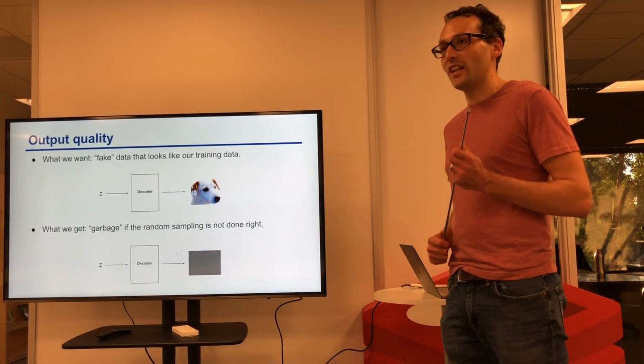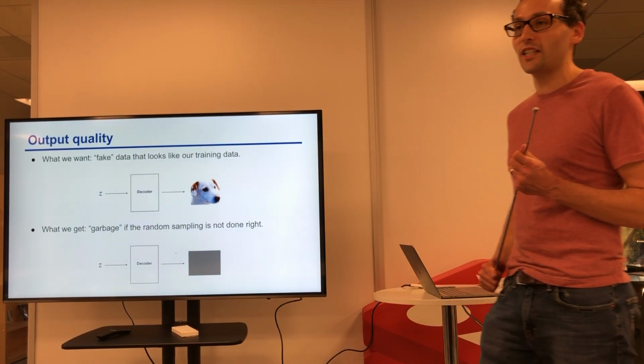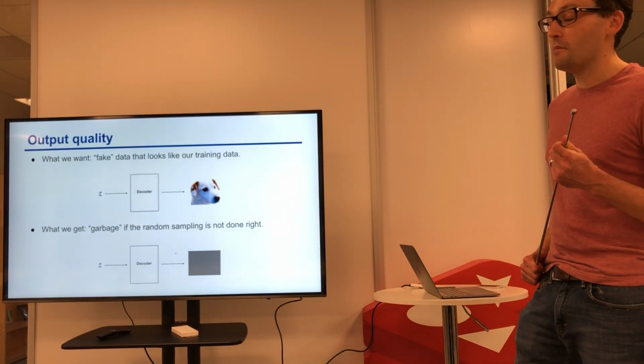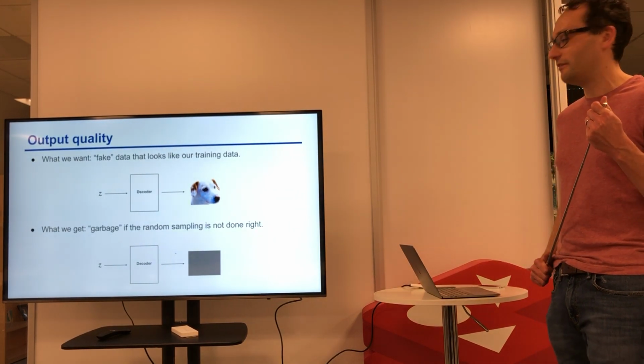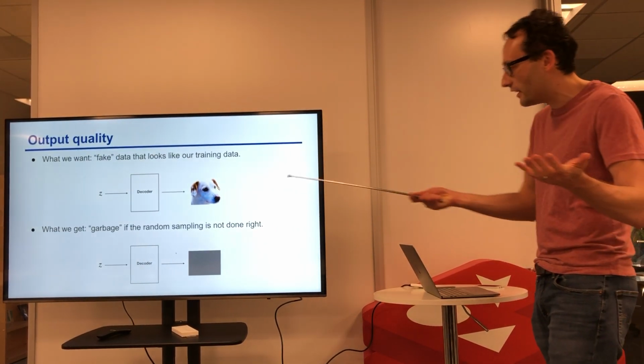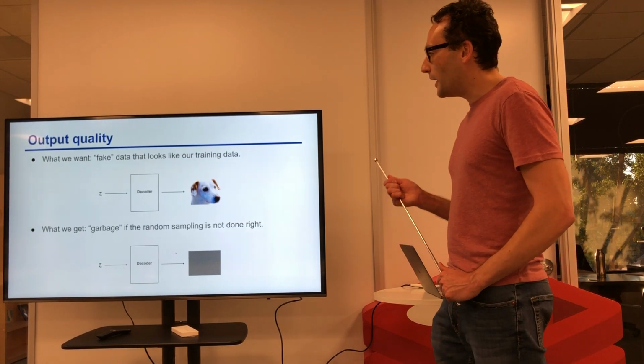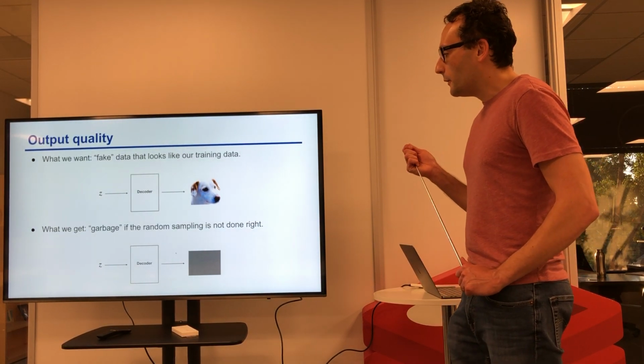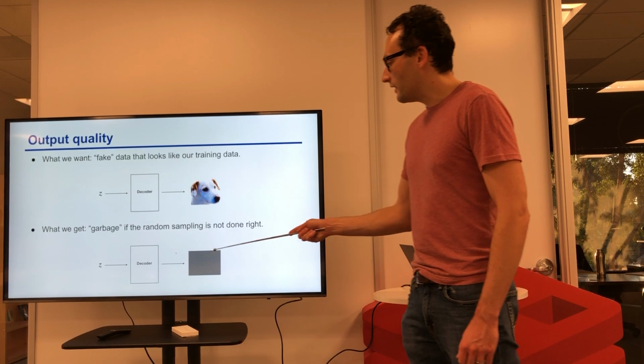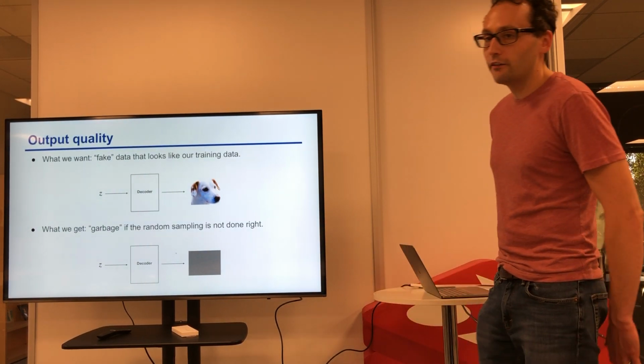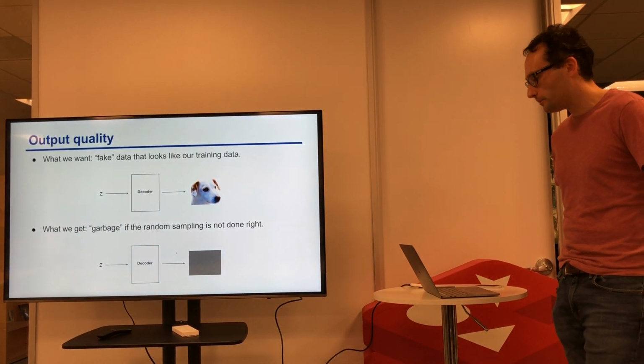If we're working with image data, then we'd like to see something that looks like an image, or even better, an image of something recognizable, like a dog I have here. But sadly, more often, we might just get noise coming out here for any random sample that we feed in.